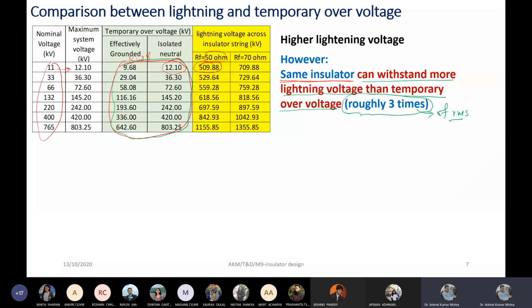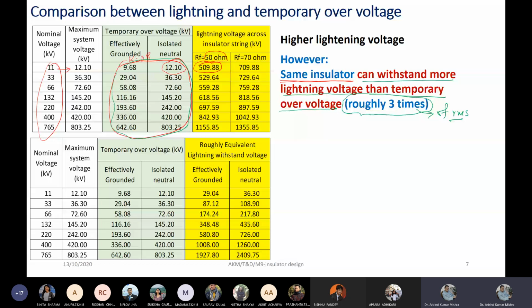So what I have done here is, for the temporary overvoltage already calculated, if we use the insulator to protect against the temporary overvoltage of this much, then for what voltage can the same insulator, without doing anything, withstand for lightning? Of course it is just three times this, so throughout I have taken three times.